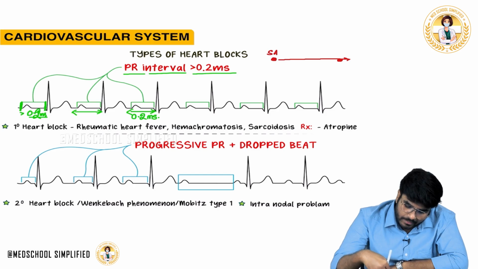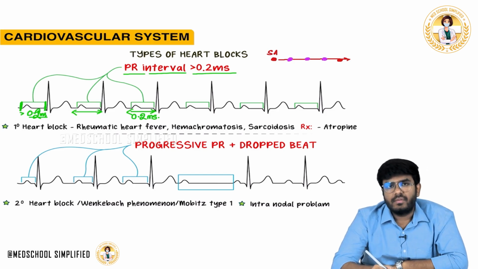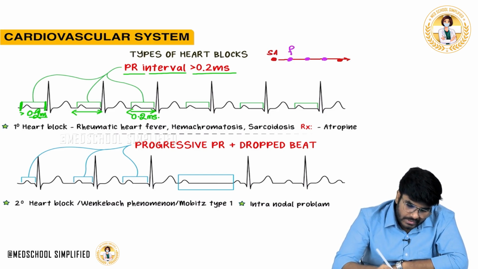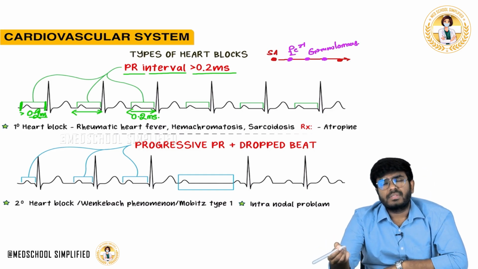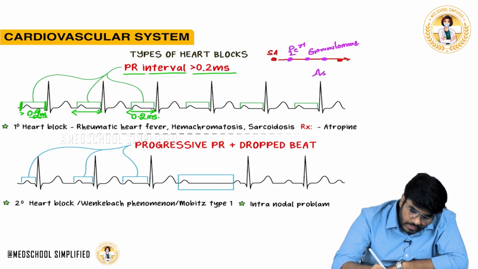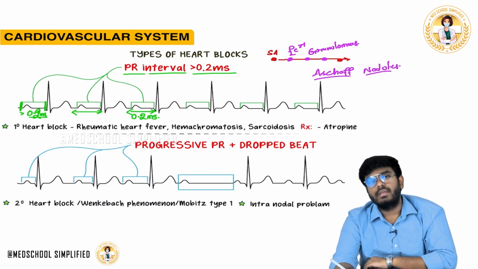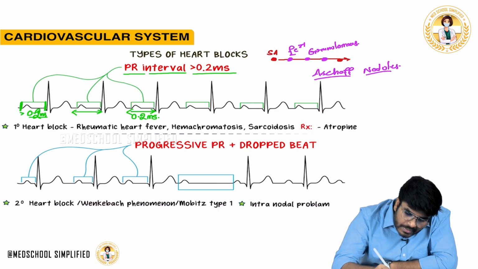But think that in this conduction pathway there are certain obstacles present, for example iron deposits, or granulomas, or Aschoff nodules, which are seen in rheumatic heart fever. So if there are any obstacles present in this pathway, like iron deposits.